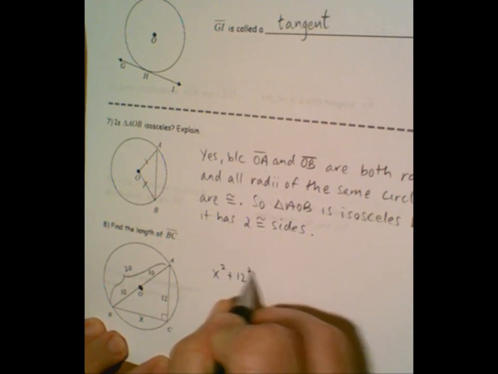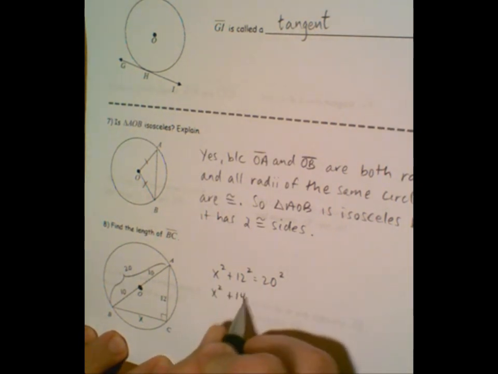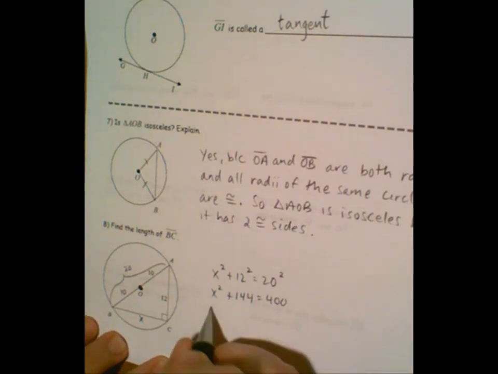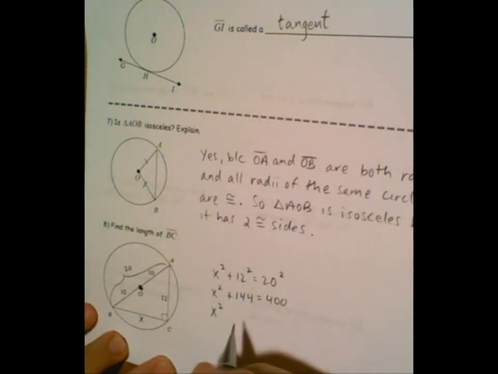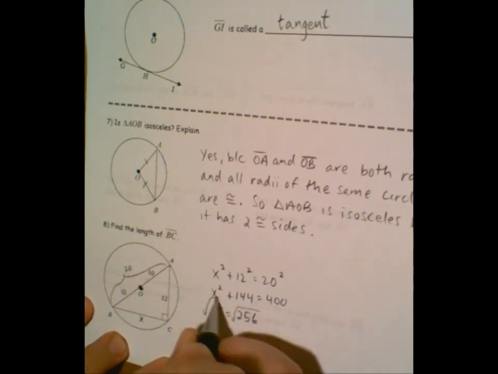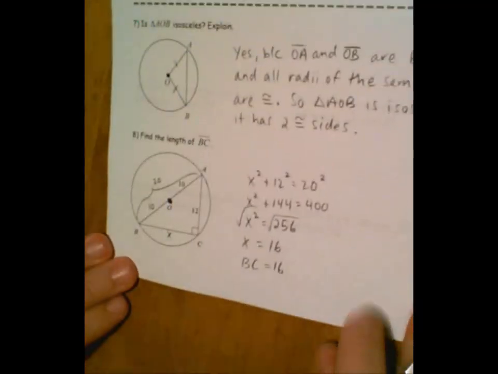X squared plus 12 squared is equal to 20 squared. So x squared plus 144 is equal to 400. Subtract 144 from both sides, x squared is equal to 256. Take the square root of both sides, x is equal to 16. So BC is equal to 16.